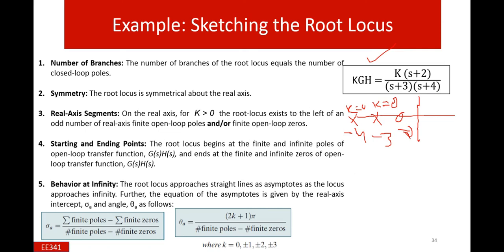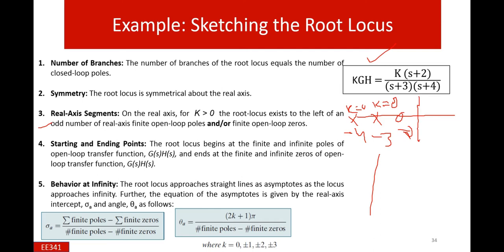And where these lines are lying, this is the important point, and the rules decide it. If we take this pole at -3 and count the sum of the zeros and poles on the right side of it, it is equal to 1, which is odd.